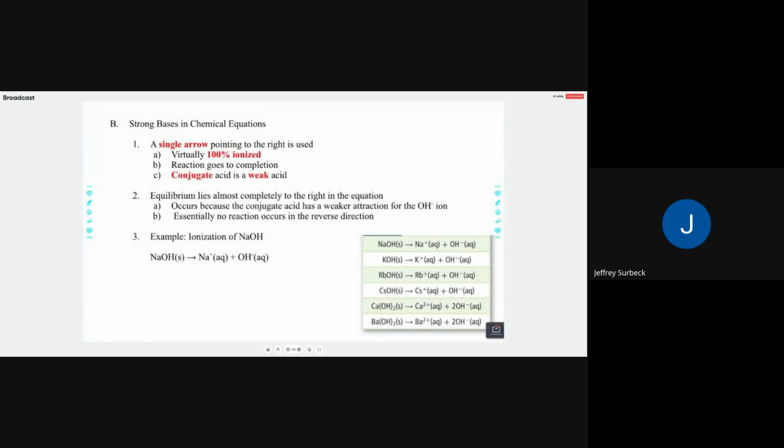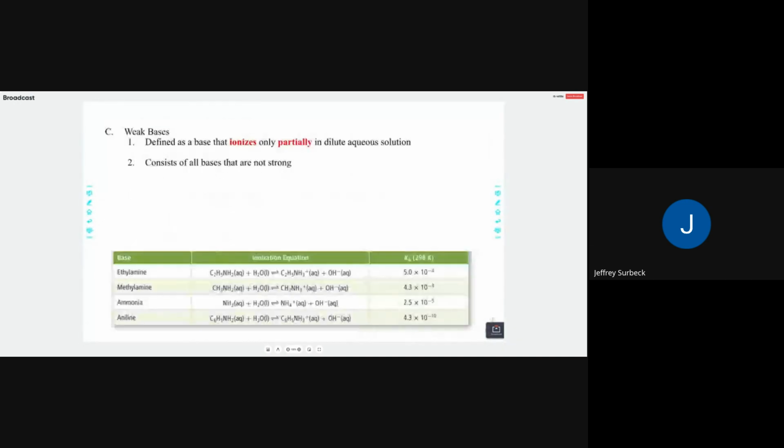Okay, again, you have to memorize that list to know what is a strong base from what is a weak base. Okay, weak base, they're not going to have that OH minus, but they are going to accept that H plus, but they're only going to partially accept this.